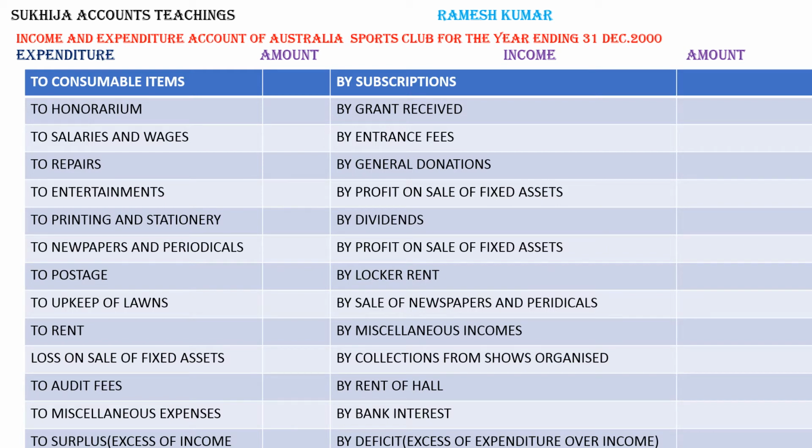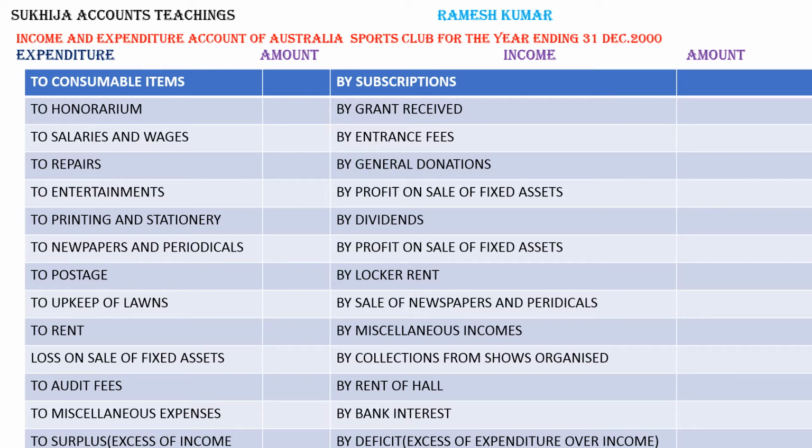Now on income side, first is subscriptions. What are subscriptions? The members have to make periodical payments. It may be monthly, quarterly, half yearly, yearly, whatever it is. So there is a set period after which every member has to contribute a certain amount which is called subscriptions.